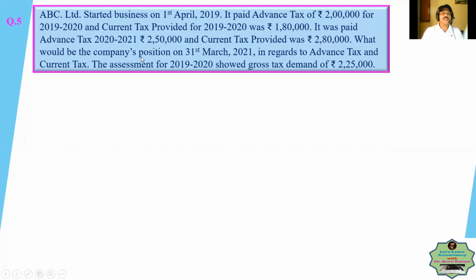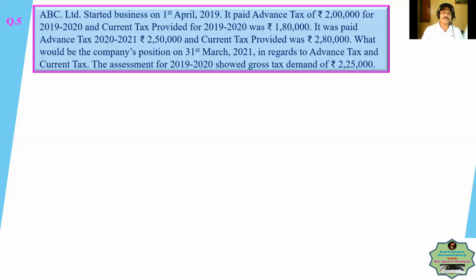What would be the company's position on 31st March 2021 in regards to advance tax and current tax? The assessment for 19-20 showed a gross tax demand of rupees 2,25,000. This one is a nice adjustment MCQ, a little bit on the typical, tough side.